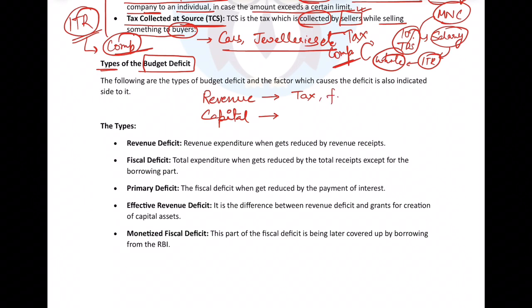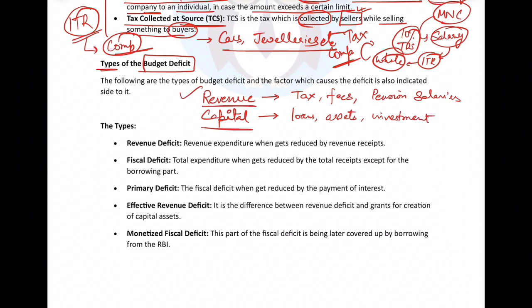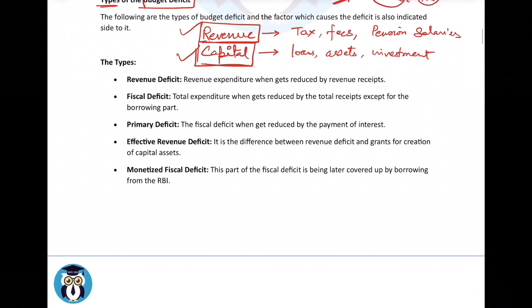Taxes and fees are revenue receipts, and pensions and salaries are expenditure. Capital covers loans, assets, and investment. Mainly the operational cost comes under the revenue part, and the asset and liability parts come into the capital budget. Now there are different types of deficits.